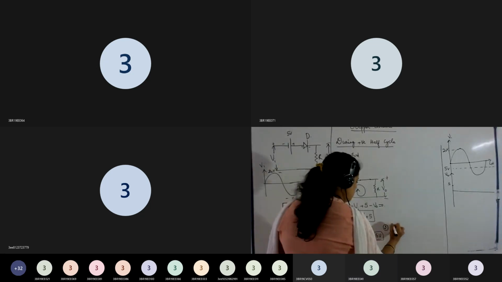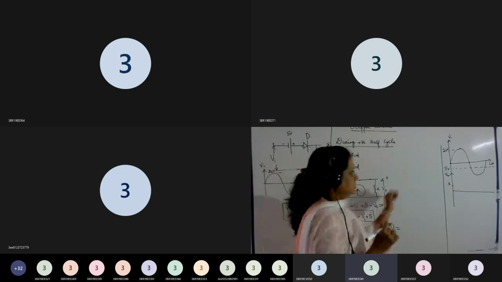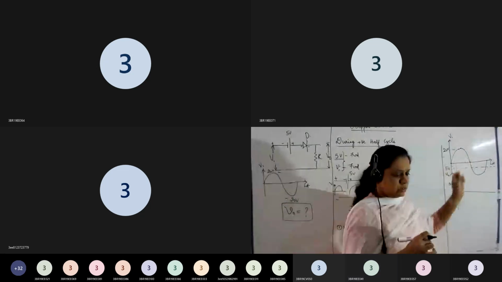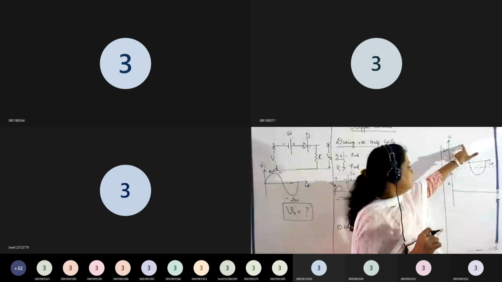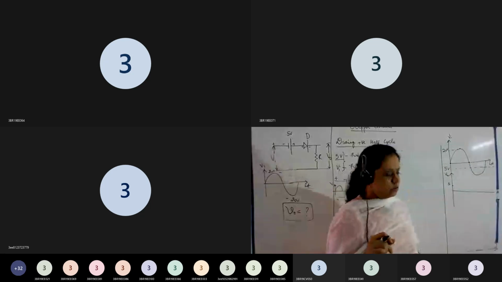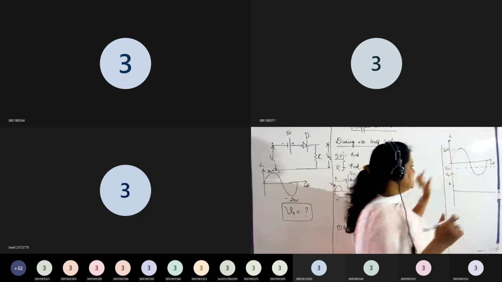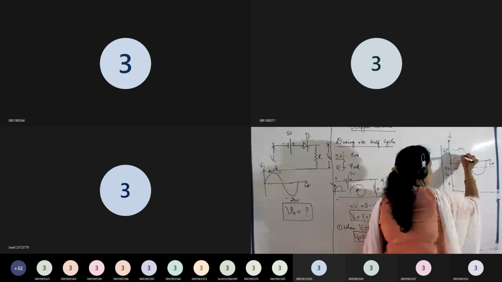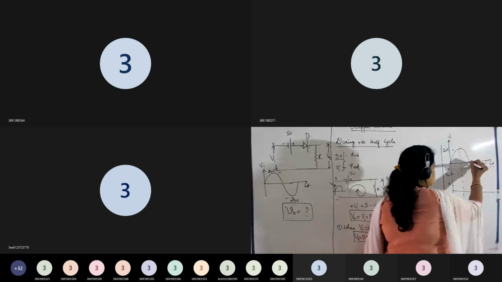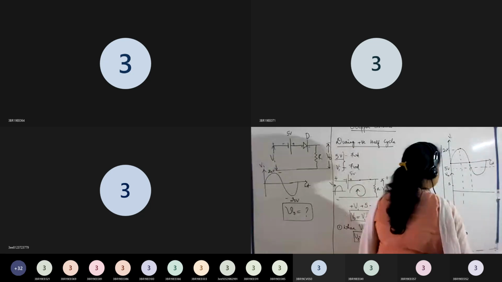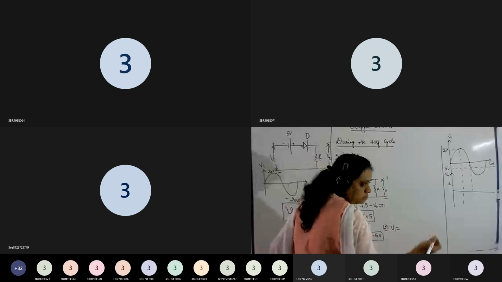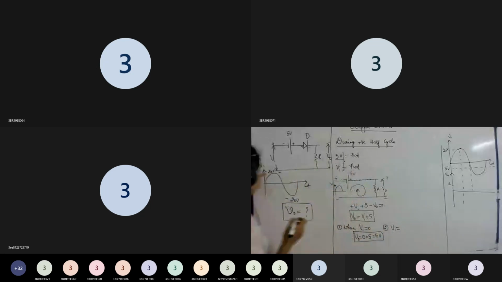Second point is when Vi is maximum. All the values no need to check. Check when Vi is 0 and when Vi is maximum. Let us drop down this point. What is the maximum value of Vi? 20 volt.